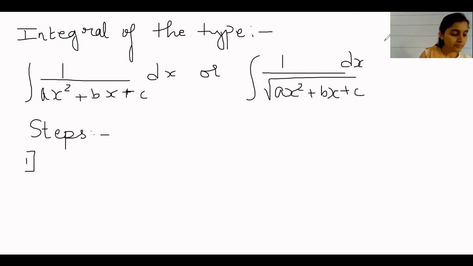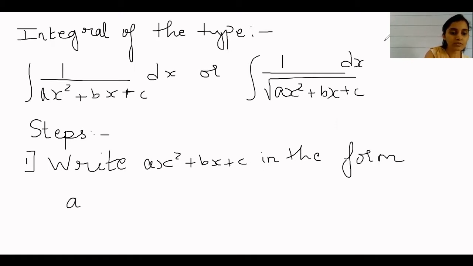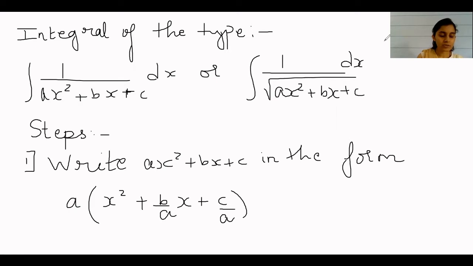The first step is to write ax square plus bx plus c in the form where you take a common, that is the coefficient of x square, and write it as a times x square plus b upon a x plus c upon a. Remember, a should be greater than 0.